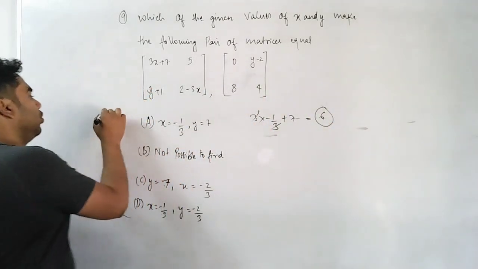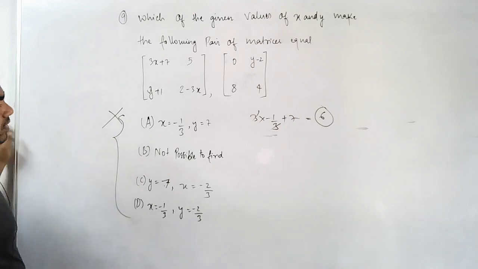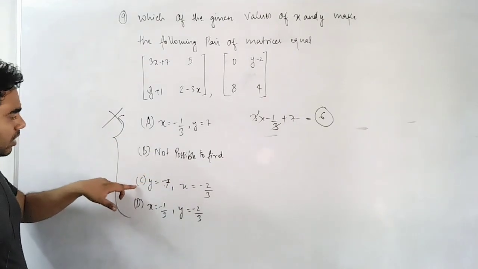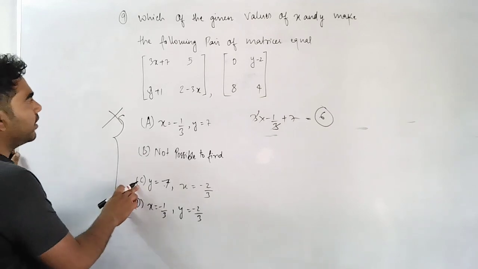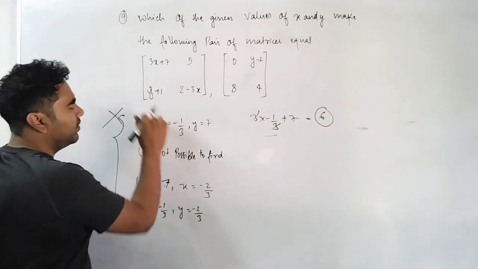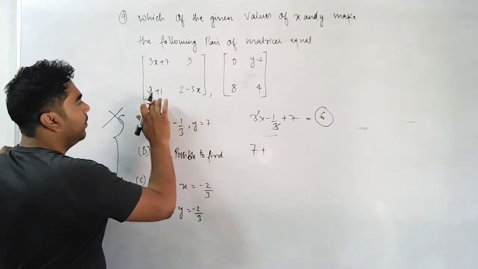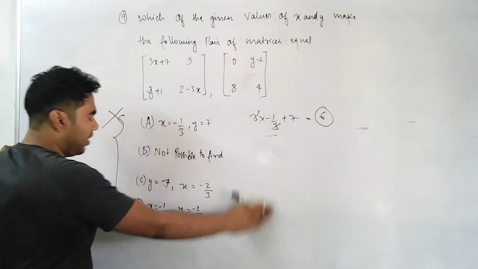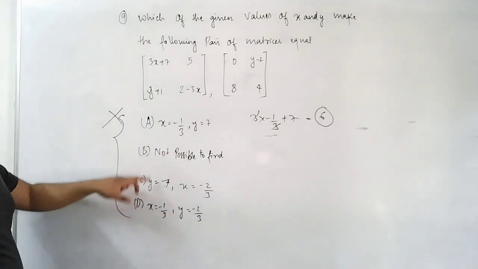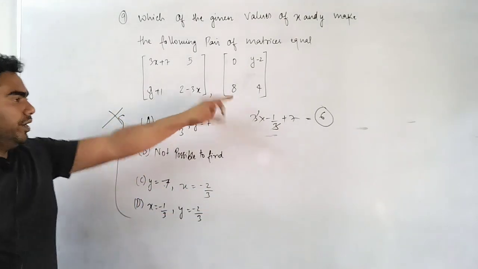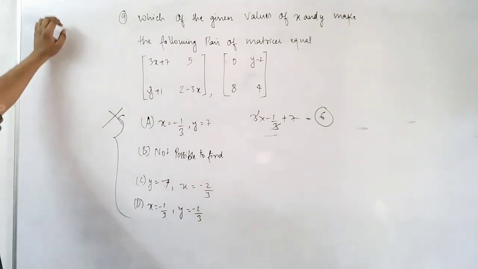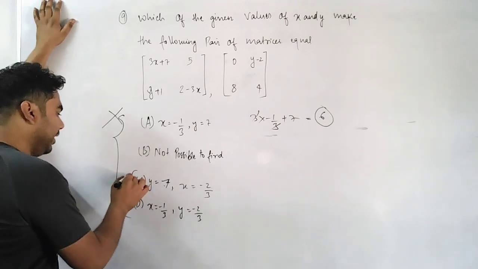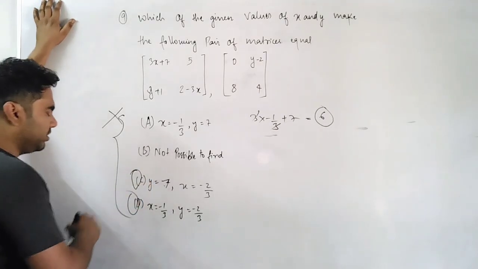So no, this is not the correct option. Not possible. Now y is equal to 7. Here we try to put y is equal to 7. So 7 plus 1 is 8. Yes, y is equal to 7 satisfies the expression y plus 1 equals 8. So we should take into account this option and this option.